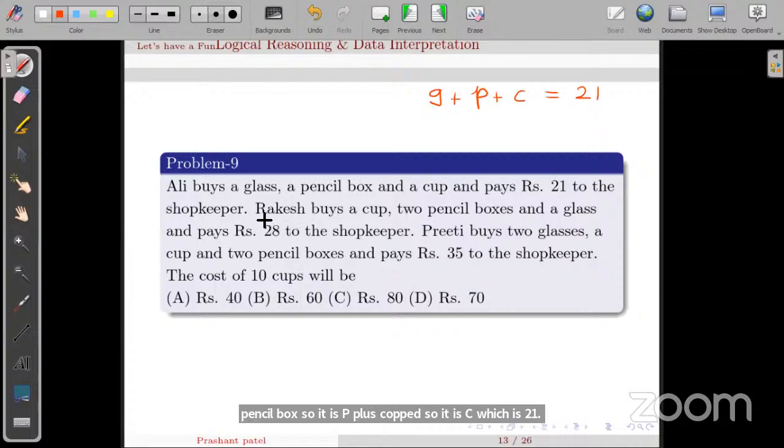The second statement is about Rakesh. He buys a cup, two pencils, and a glass for 28. So now what will be the second equation? You will get... anyone?